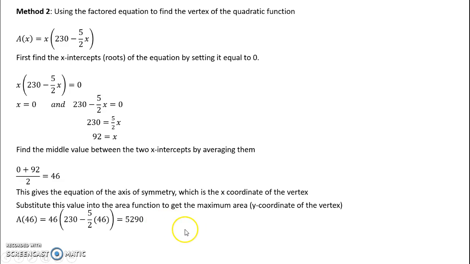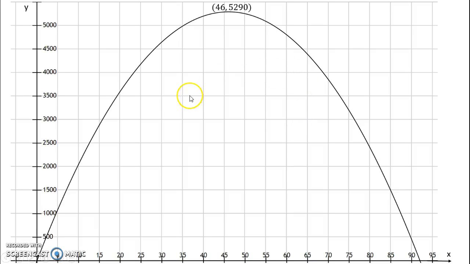Okay, so this confirms that the numbers that we got using method 1 were correct, because using method 2 we get the same values. Okay, so once again you'll have to use the preliminary equation to find the length as was shown in method 1.